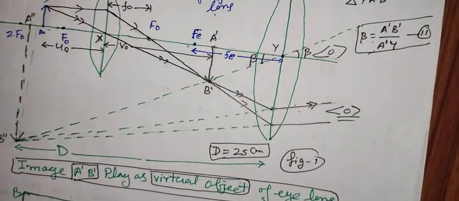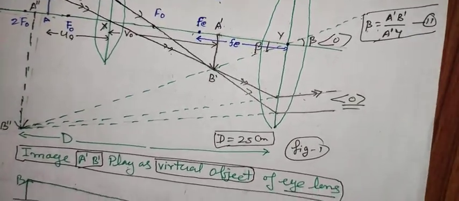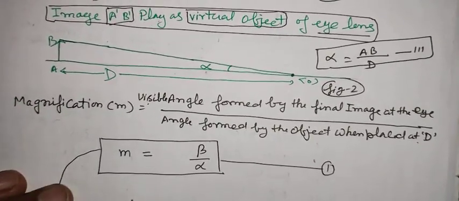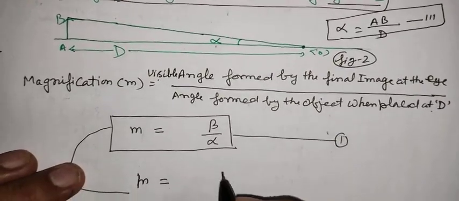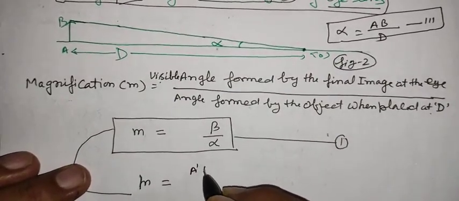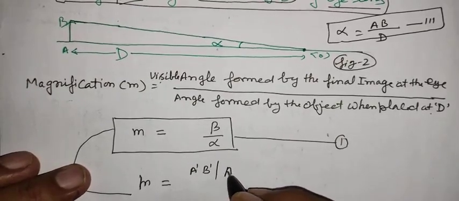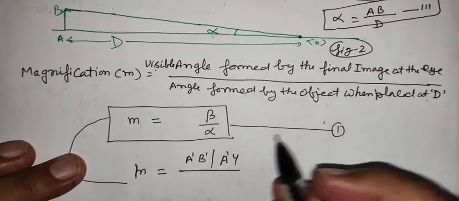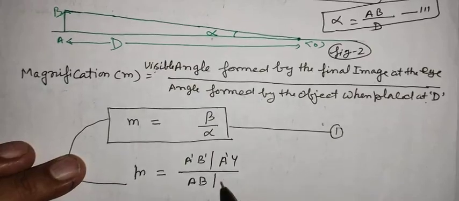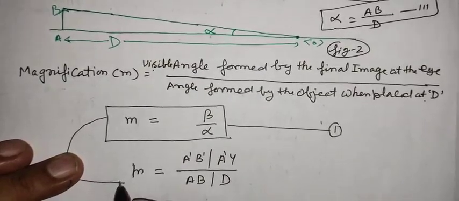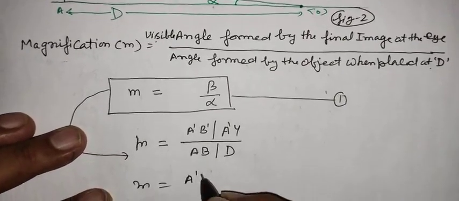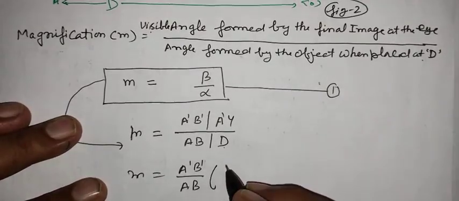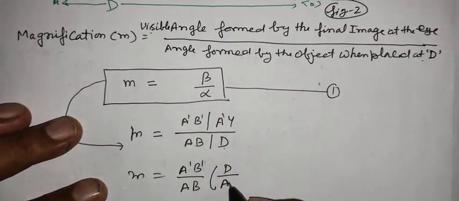Now we place beta and alpha in equation number 1. Putting the values, M is equal to beta, which is A dash B dash by A dash Y, divided by alpha, which is AB by capital D. So this relation can be written as A dash B dash by AB, and now D will go up and A dash Y will come down.